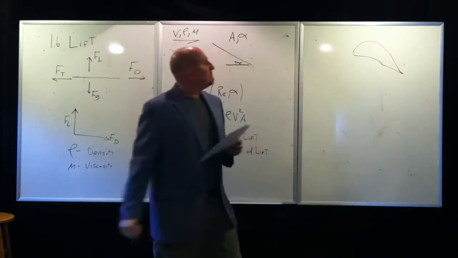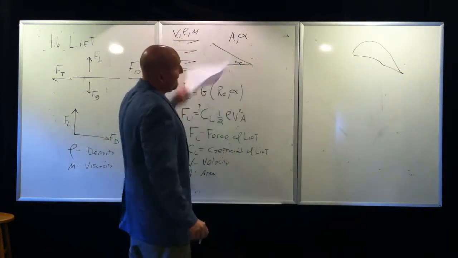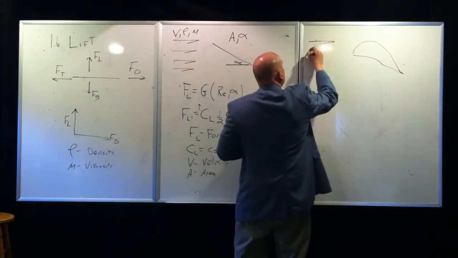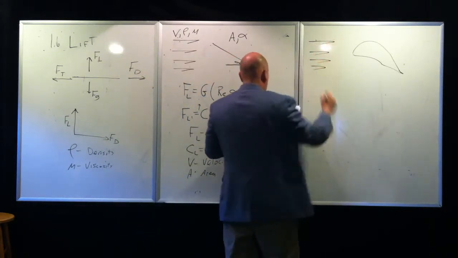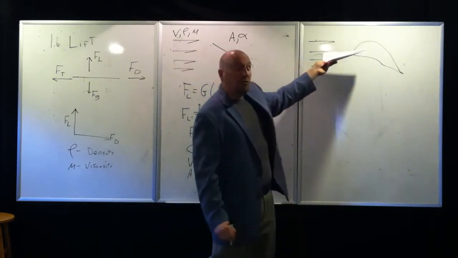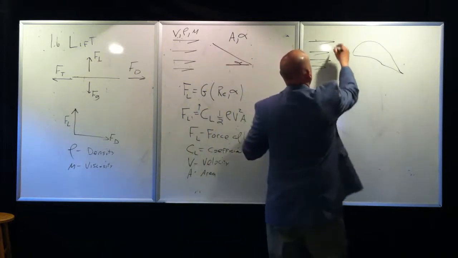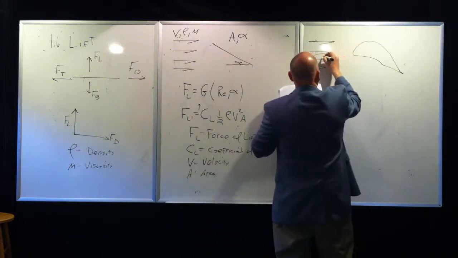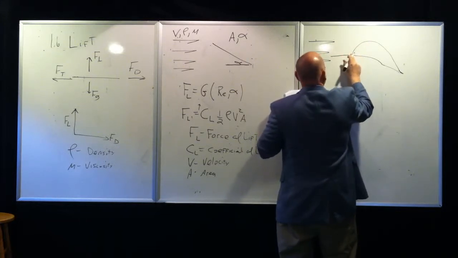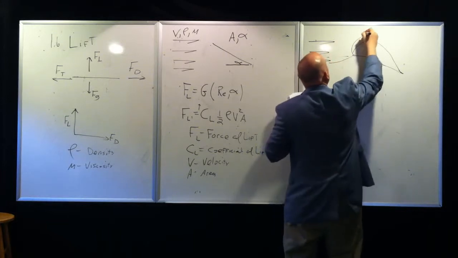So here's our wing. You notice that a wing is not typically a flat plate, but again it's an approximation. And if we have our free stream coming in, what will happen is your free stream, depending on the velocity, will take a different profile around it. So this may be coming in and you'll have a point of stagnation.